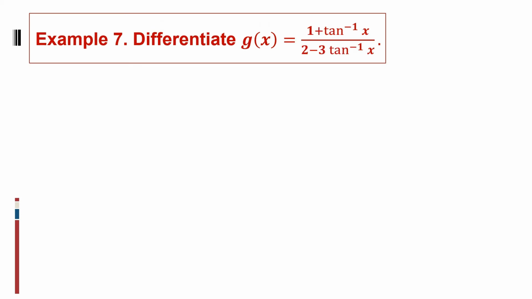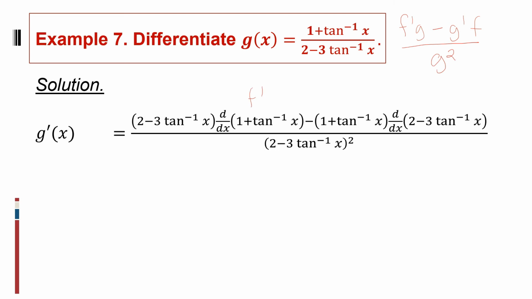Now, let's differentiate 1 plus arc tan of x all over 2 minus 3 arc tan of x. So, quotient ito, gagamitin natin ng quotient rule. That is f'g minus g'f all over g squared.